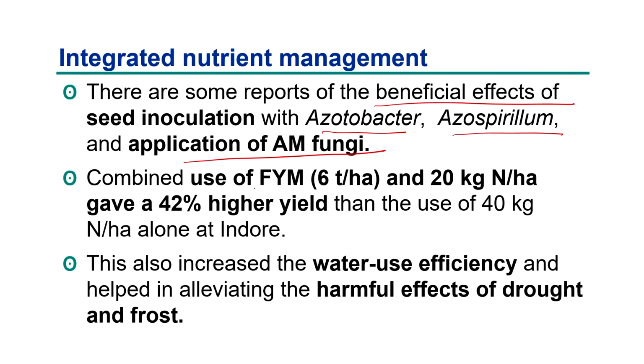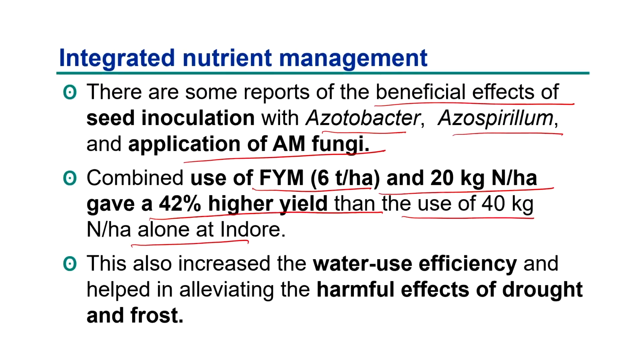So combined use of farmyard manure 6 ton per hectare and 20 kg nitrogen per hectare gave 42% higher yield than the use of 40 kg nitrogen alone at Indore. So you can see the integration of manure or organic manure and fertilizer is beneficial.